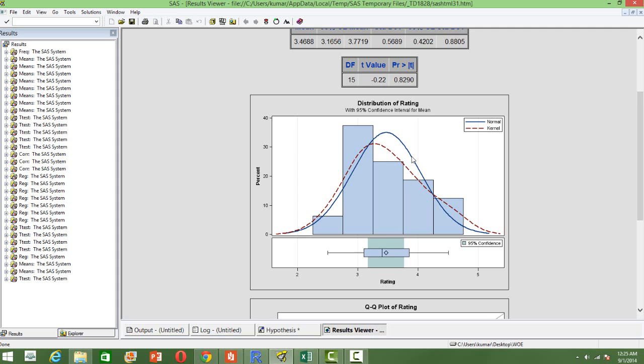If the p-value is greater than 0.05, we accept the null hypothesis. If it is less than 0.05, we reject the null hypothesis. That's the way we need to choose the hypothesis.